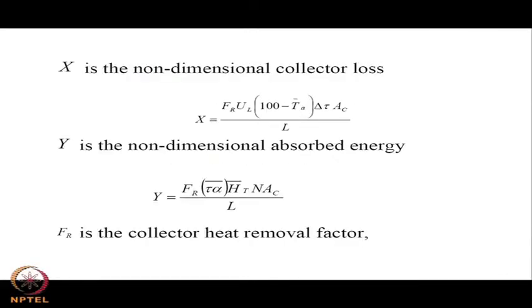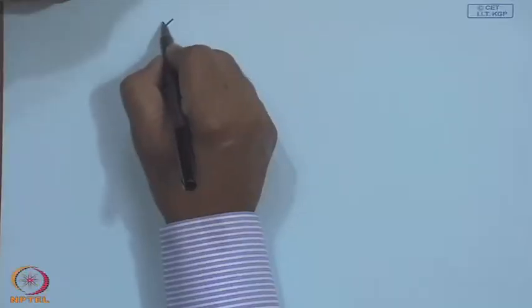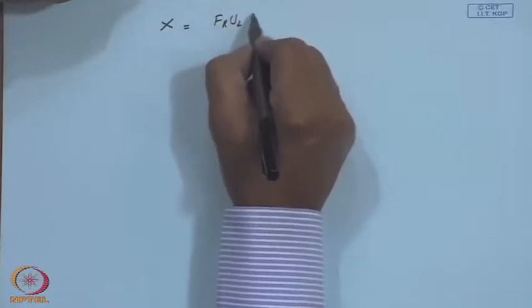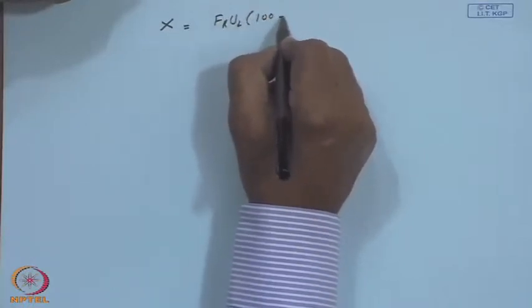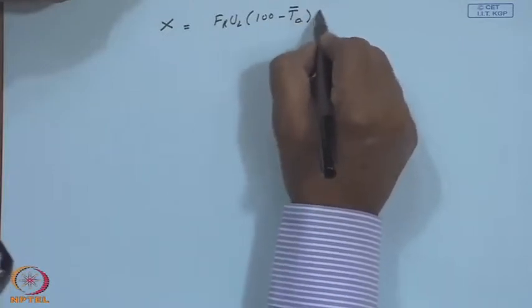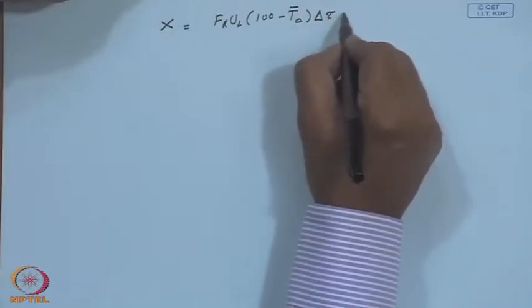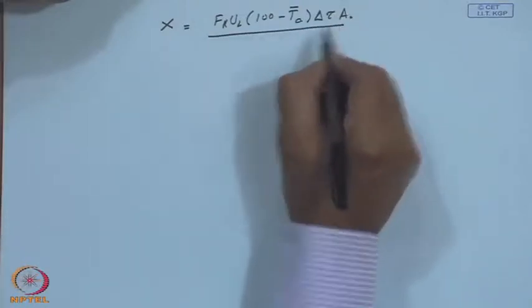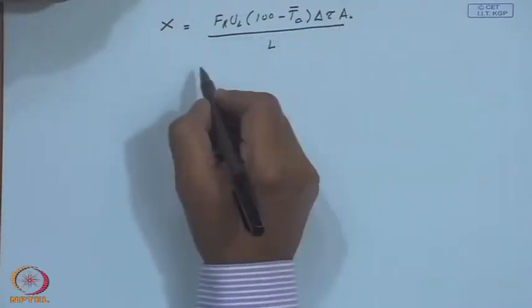So, we shall recall that x and y are identically defined. The non-dimensional collector loss is FR-UL times the reference temperature 100 minus the monthly average daily temperature T A bar, into delta tau, the number of seconds in the month, multiplied by the area of the collector, divided by the load.